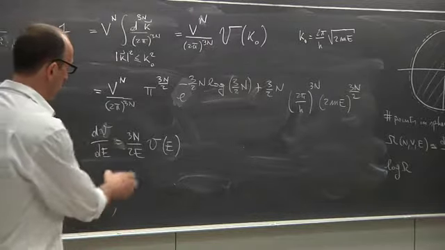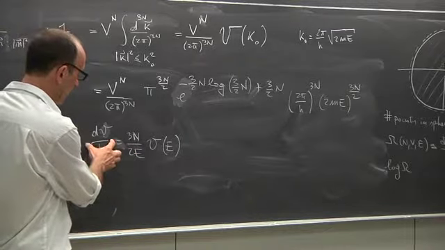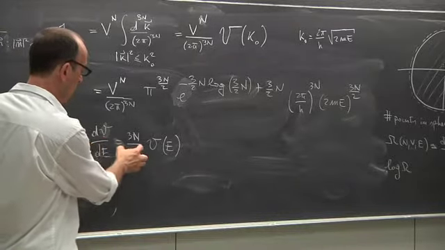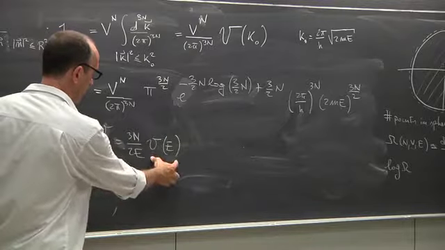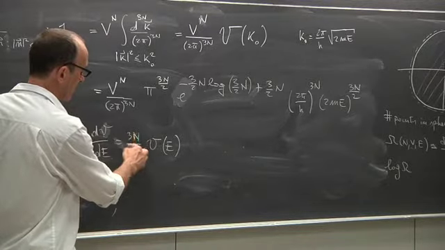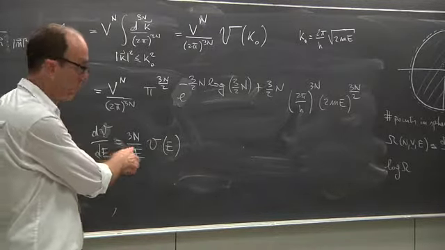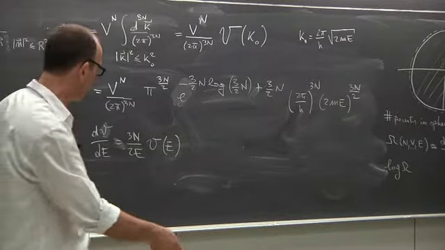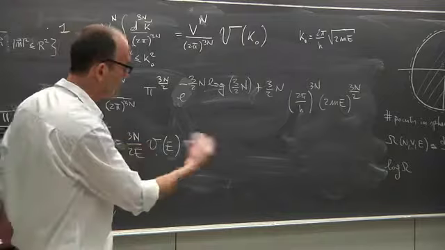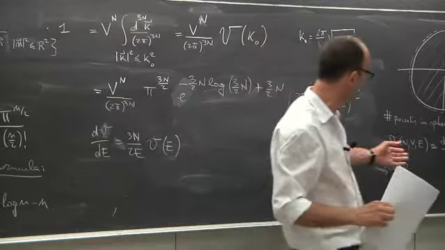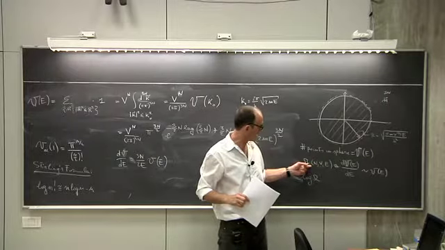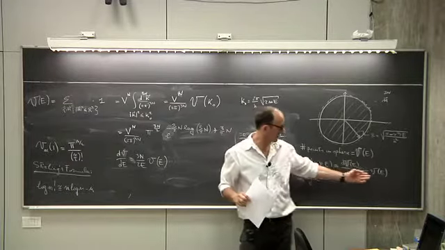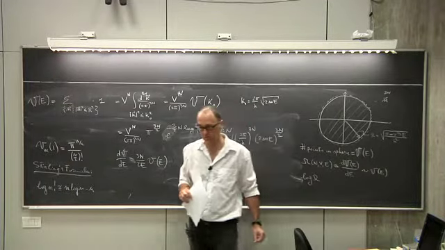Okay. When I take the log, I will have the log of this plus the log of this. But the log of this is just a constant, whereas the log of this is proportional to n. Okay, so to all practical purposes, I can just assume that this omega is given by the volume. Okay.